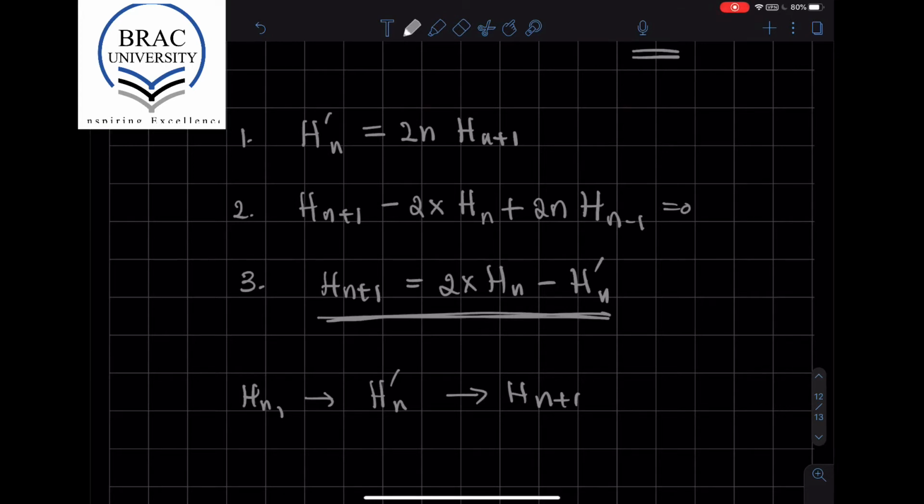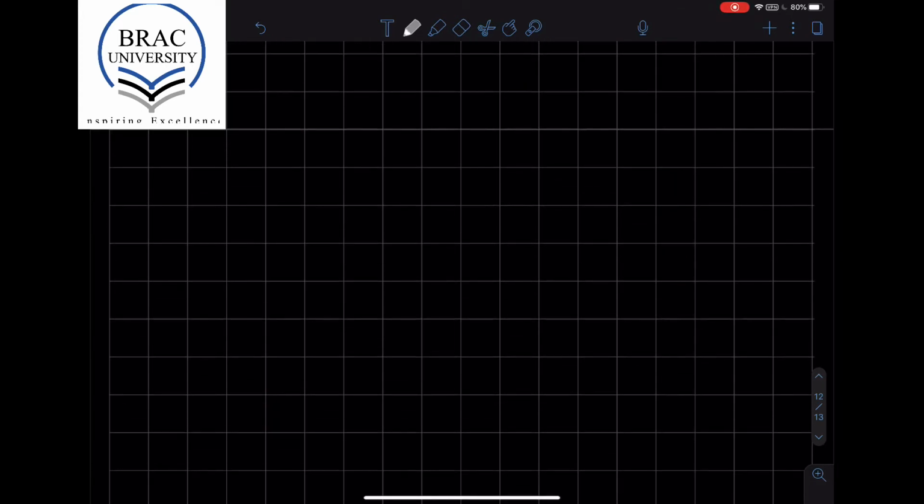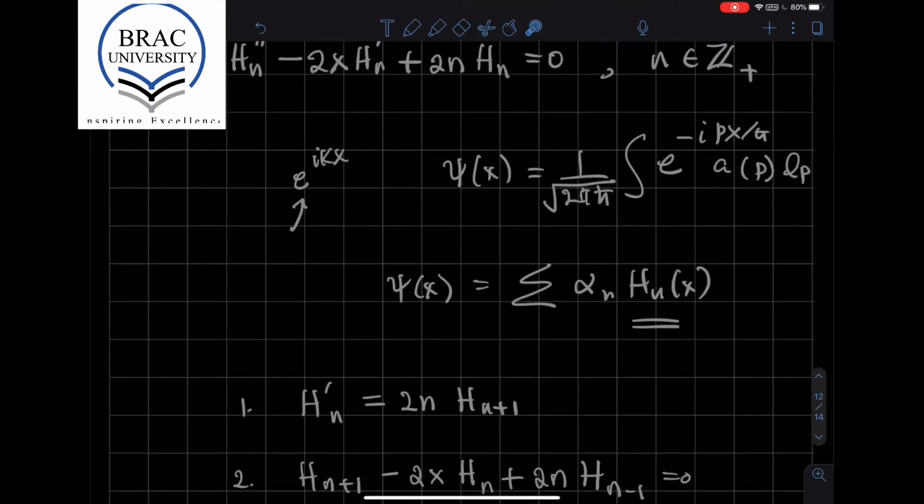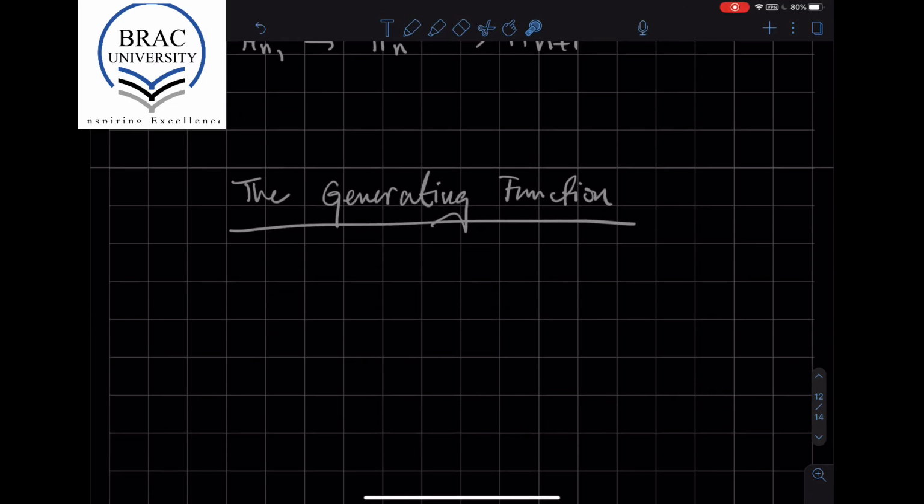This leads to a very nifty idea, the idea of the generating function. Wouldn't it be nice to have a function which, in some sense, captured all the Hermite polynomials? A function that contained in it somehow all the Hermite polynomials. This is the idea behind a generating function. Suppose that there is a function, we're going to call it g of x, and it'll also be a function of an auxiliary variable, which we are going to call small h.